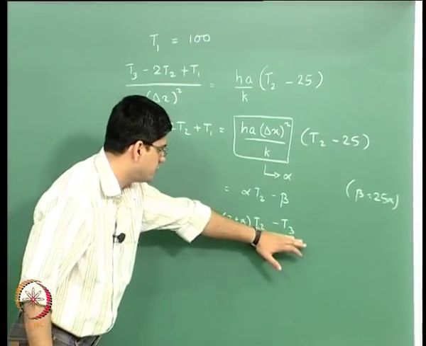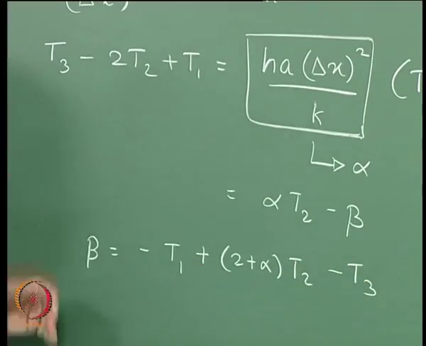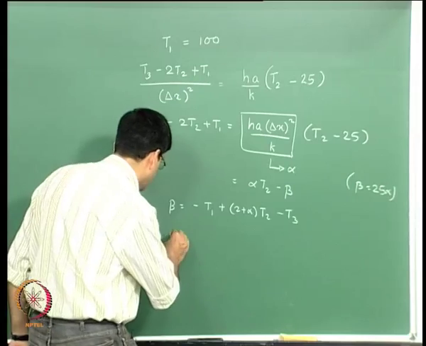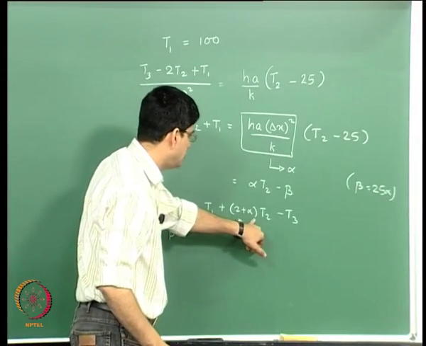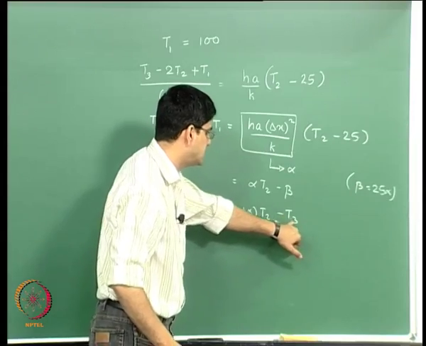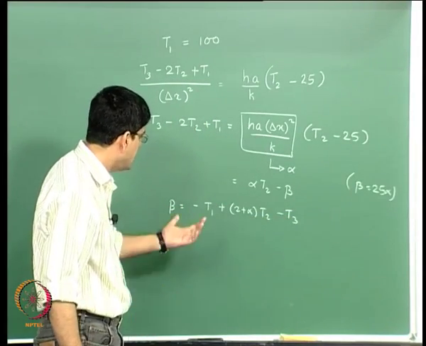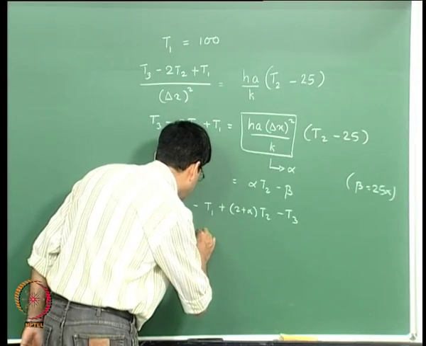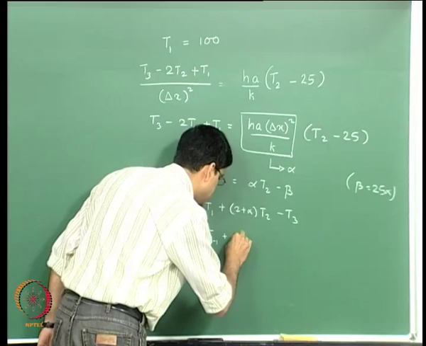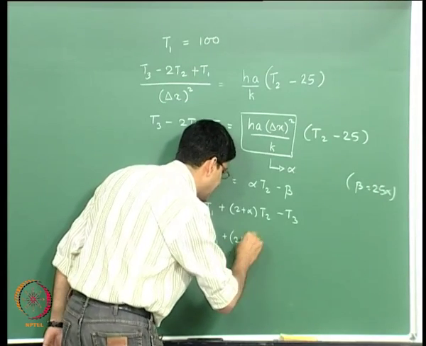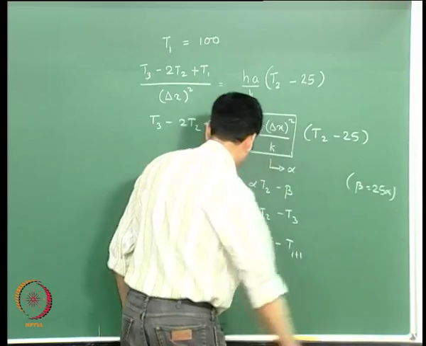So this is what we are going to get when we redo this procedure for the third element. We are going to get minus T2 plus 2 plus alpha T3 minus T4 equal to beta, and so on and so forth, or in general minus T(i minus 1) plus 2 plus alpha times Ti minus T(i plus 1) equal to beta.